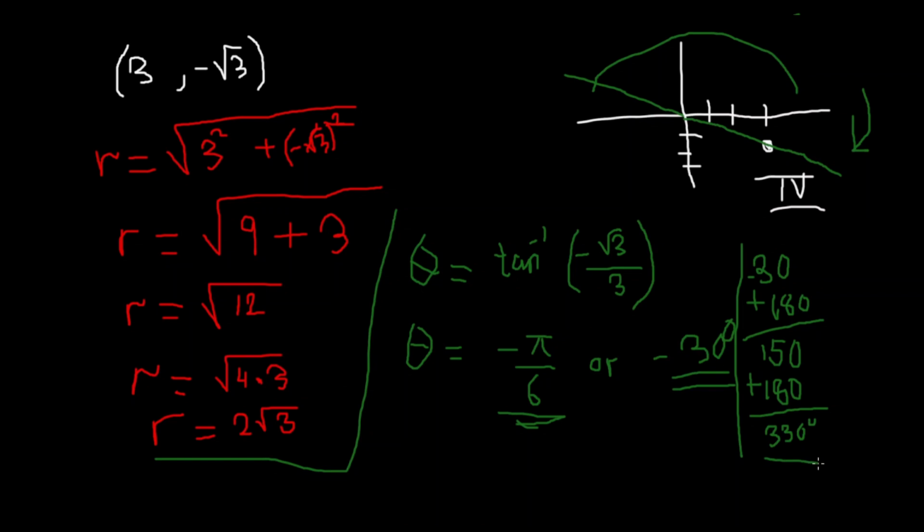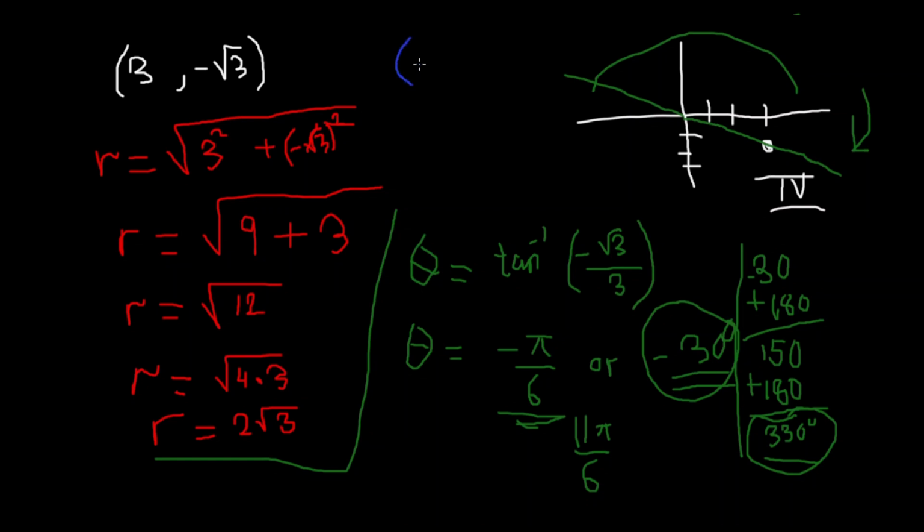This is also the answer, but the difference is that one is a negative theta and this is a positive theta. In radians, this would be 11 pi over 6. Whichever one you prefer, whichever one your teacher wants, it's your choice.